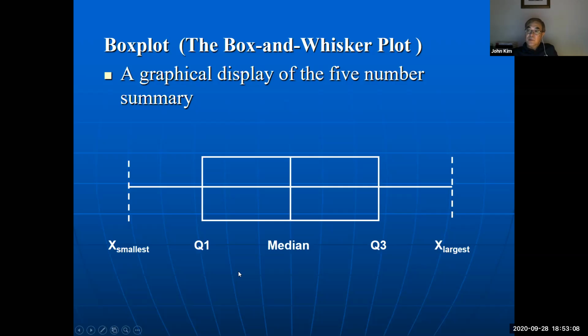Then find the five numbers and then draw. It looks like a box, so we call this a box plot. So using this box plot, we can describe our data set graphically.